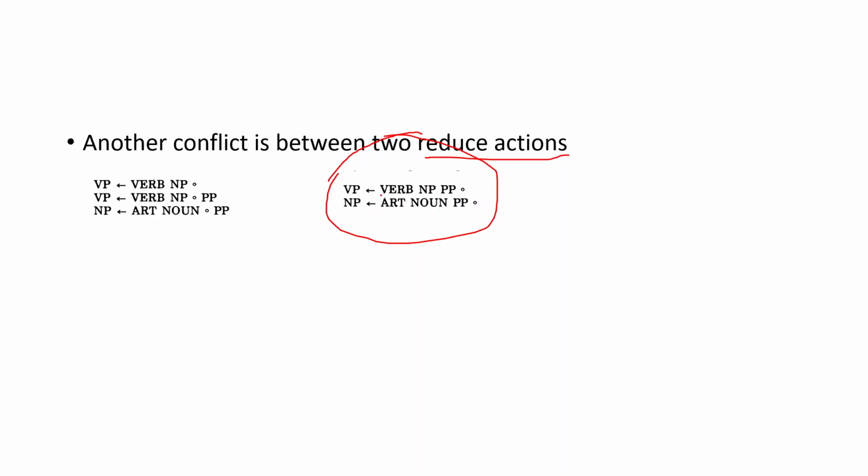In this state, it could either reduce based on this particular production, or it could reduce based on this other production, and which one is not clear. Such ambiguities can happen, and we will look at various options for handling such conflicts in the next class.